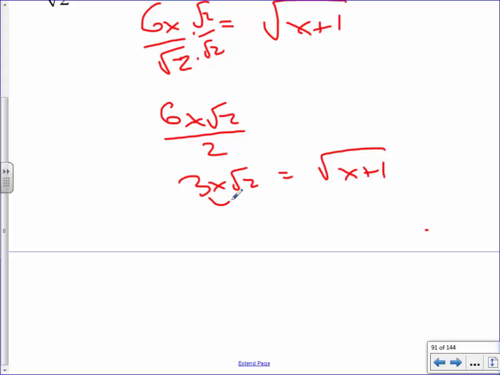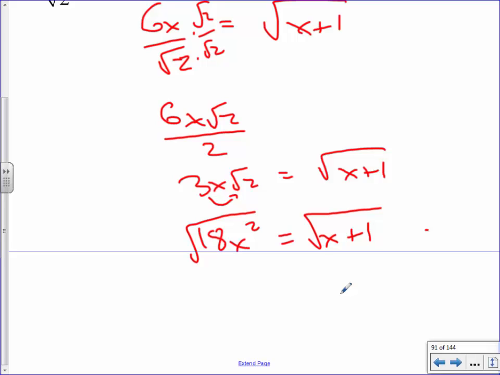So why don't I put that on the inside? If I put the 3 on the inside, it would actually be a 9. But if I times it by 2, it would be an 18. And if I put an x on the inside, it would be an x squared. And I'm now to the point, this is kind of clever, where I have square roots on both sides. But all I have on both sides is square roots.